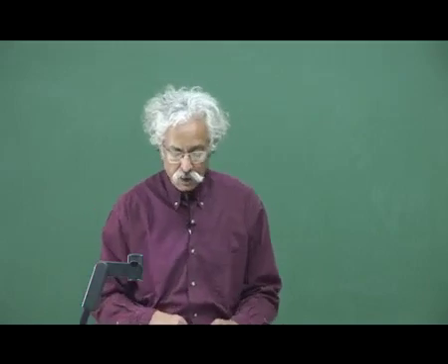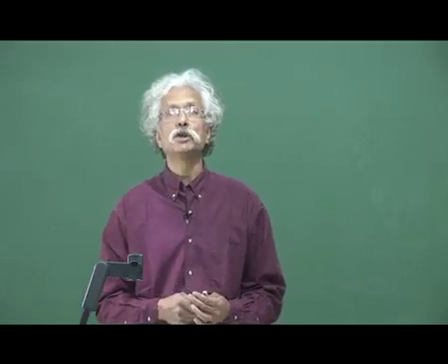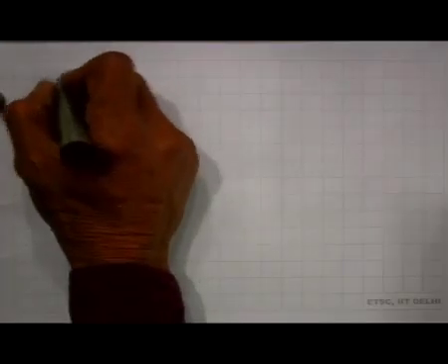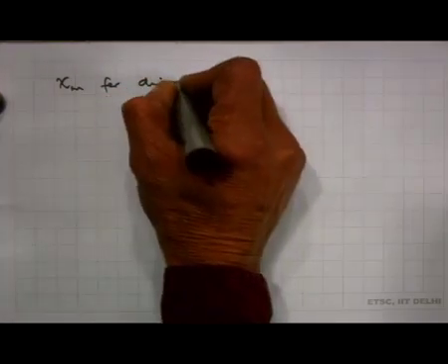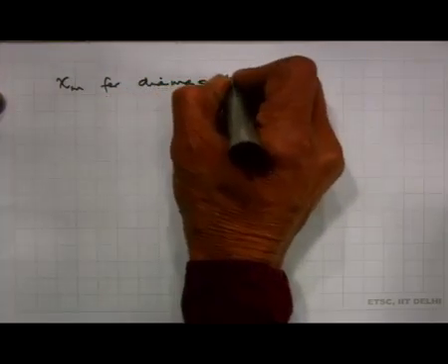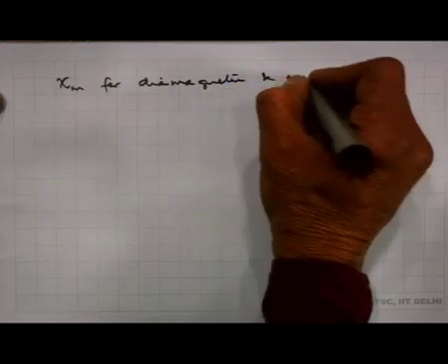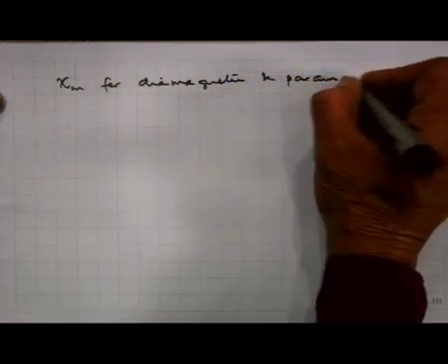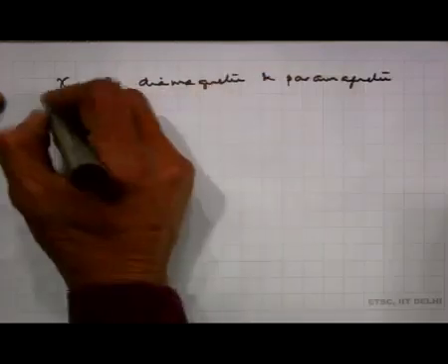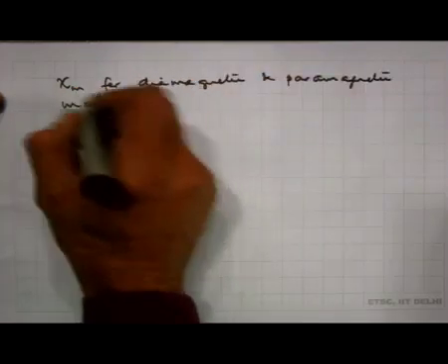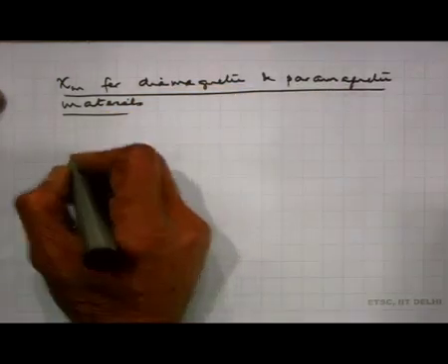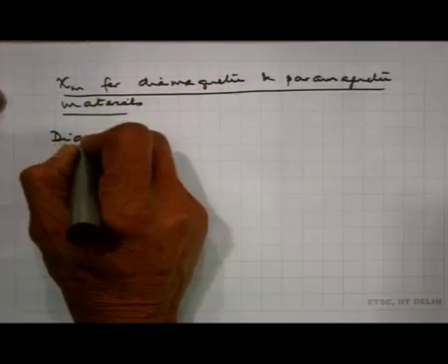Now, let me give you a table of typical values of chi m for diamagnetic and paramagnetic materials, some examples, to give you an idea of the values. Let me look at a table for diamagnetic.